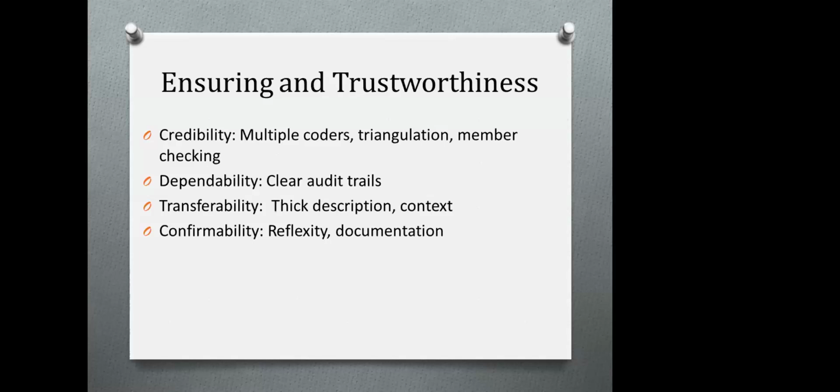Then, of course, there's confirmability, in terms of reflexivity and documentation. There's the process of ensuring that you have a systematic way of confirming the data that you're analyzing, for example, if you have different sites, that the data you're analyzing is speaking to Nakuru or to Mombasa, or to the youth.